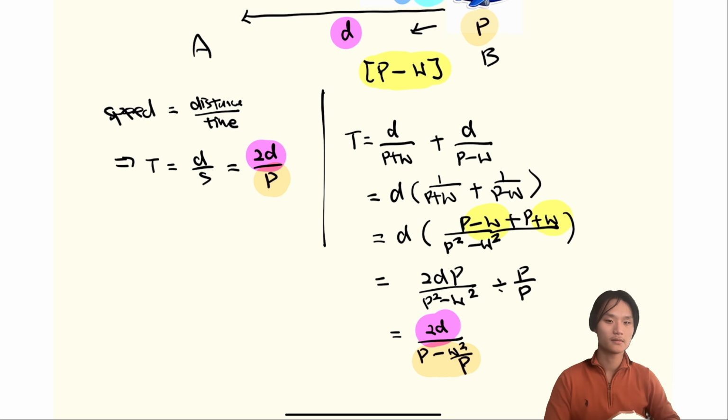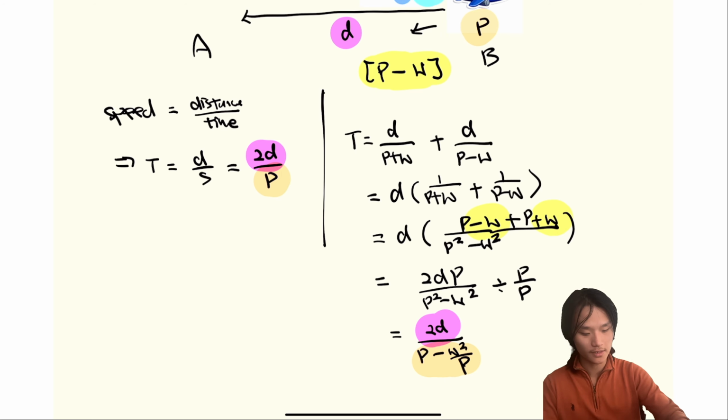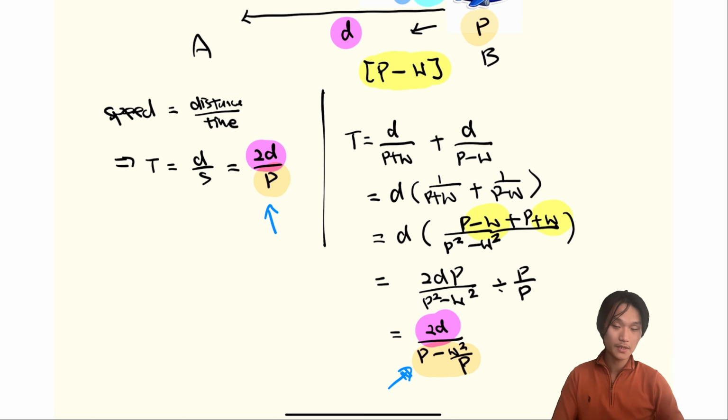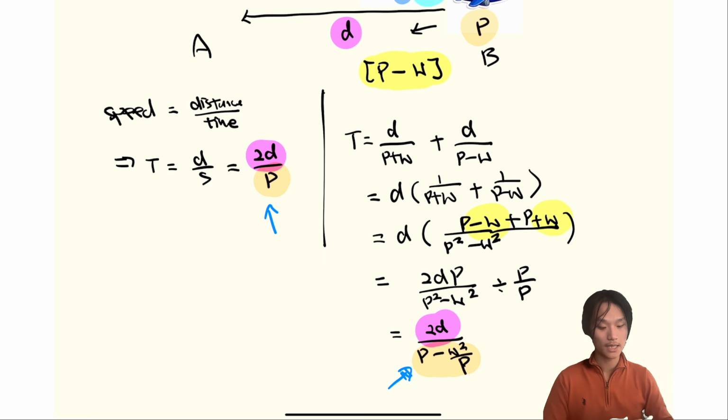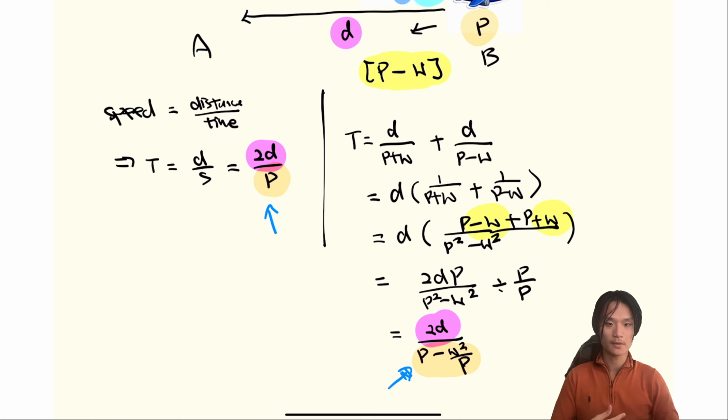So let's analyze the two different times. W is the wind speed, P is the speed of our plane. So W squared over P has to be a positive number, and minus that is a negative number.